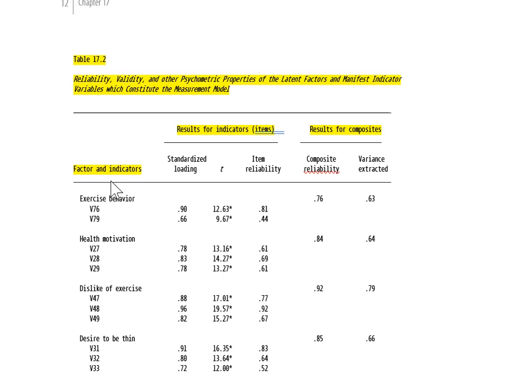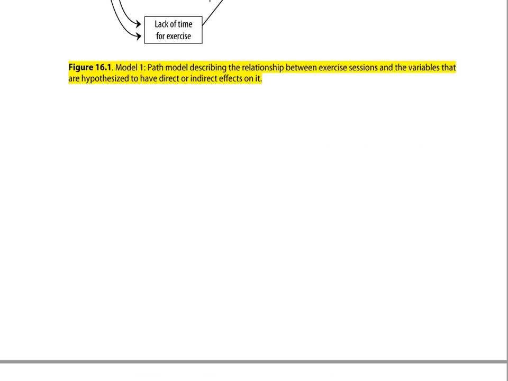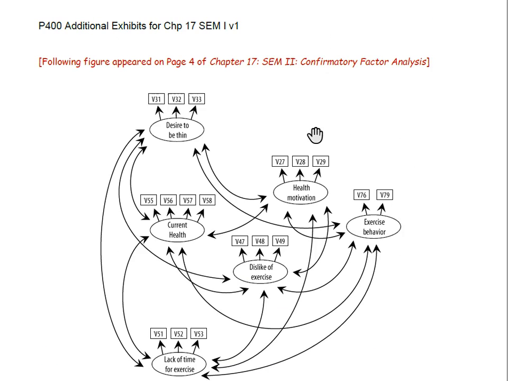First column on the left is headed Factors and Indicators. We have the factor exercise behavior is measured by the indicator variables V76 and V79. Now, I hope that sounds familiar. If you look at the handout that I sent to students in my class, the handout is called P400 Additional Exhibits for Chapter 17.